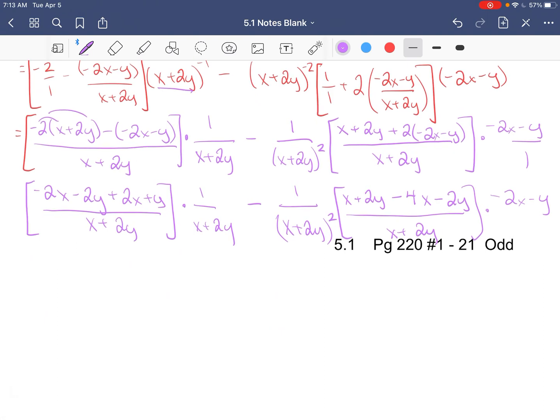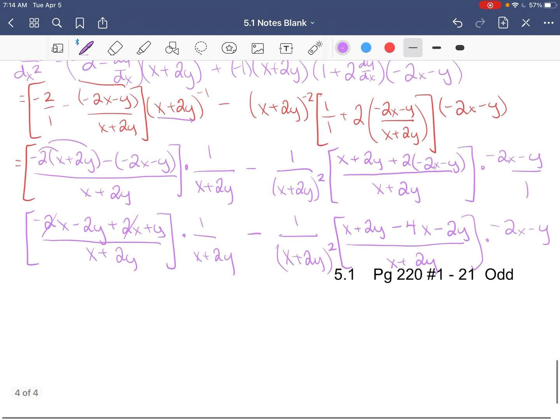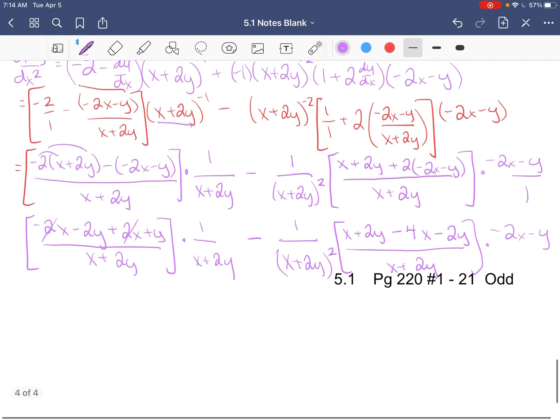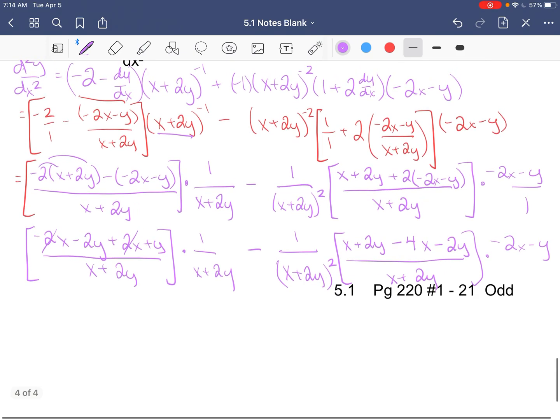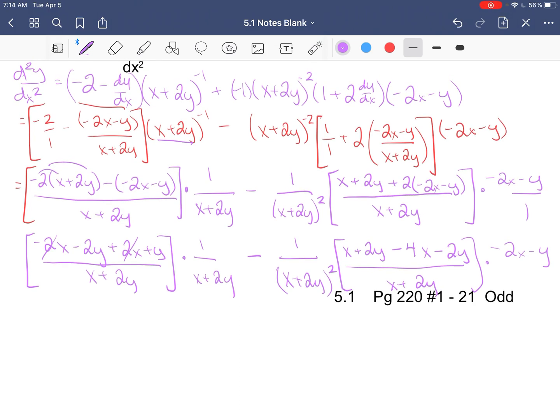All right, so simplifying, we have negative 2x plus 4x, that reduces to 0, negative 2y plus y, which I feel like I've lost a negative somewhere. Just kidding, I found it: when we distribute here, this should be a 4. So that leaves us with negative 3y over x plus 2y, times x plus 2y.